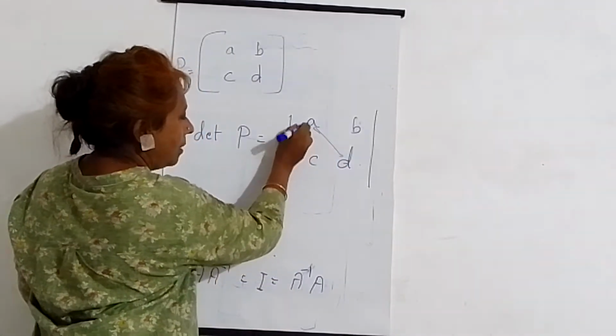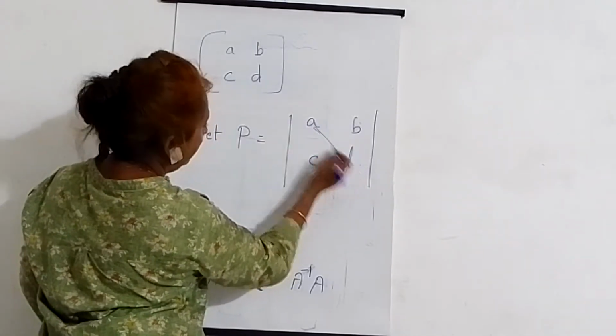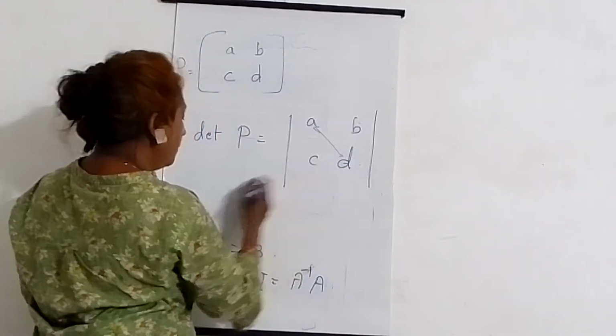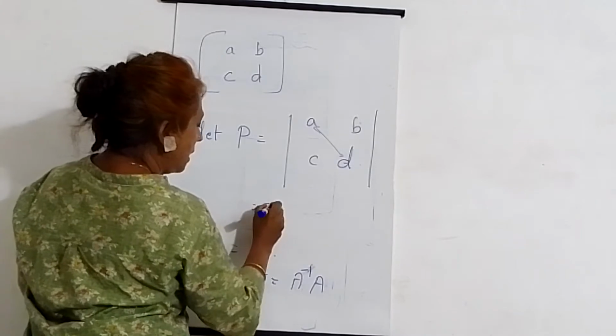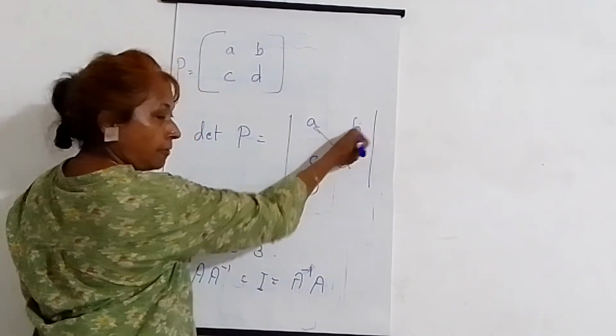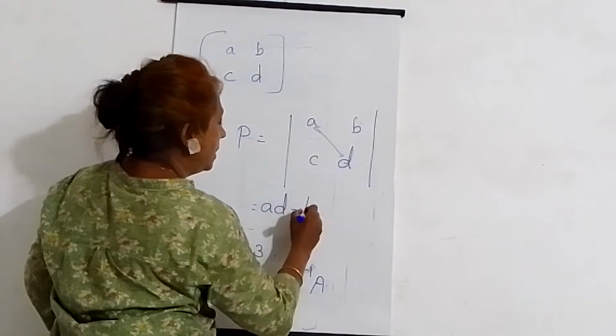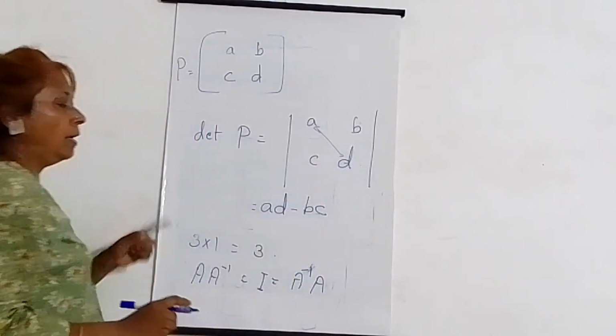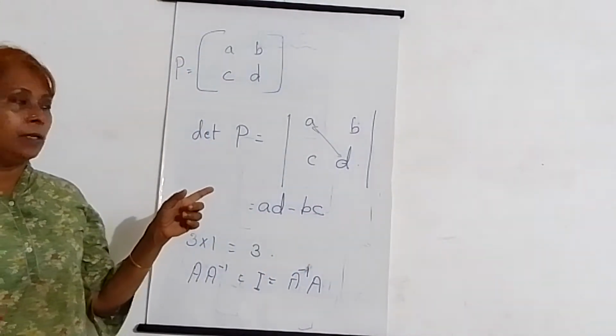Starting from A, you should go diagonally to D. So this value is AD minus, next the other one from the reverse side, it should be taken, BC. So AD minus BC is the value of this determinant.